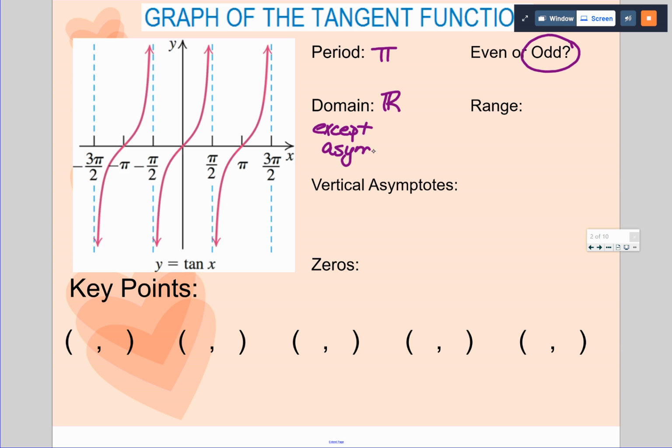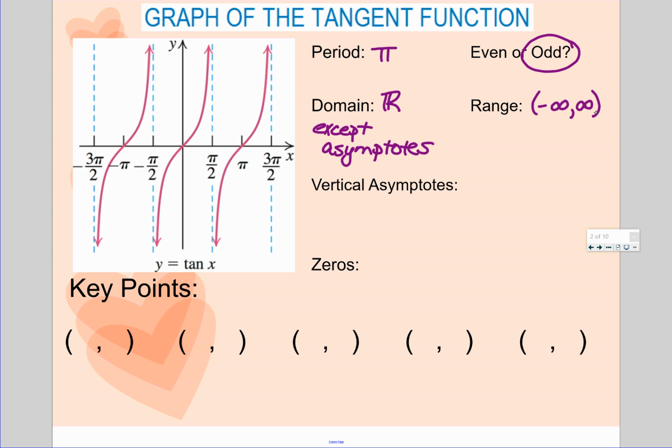And we'll list the asymptotes in a minute. So we're just going to say all real numbers except for the undefined values at the asymptotes. What's the range? Negative infinity to positive infinity, all real numbers up and down forever.